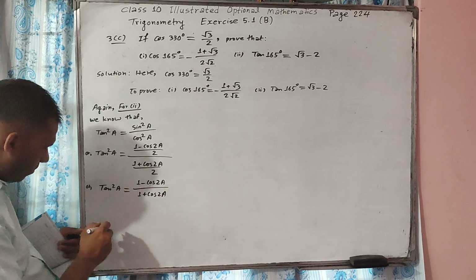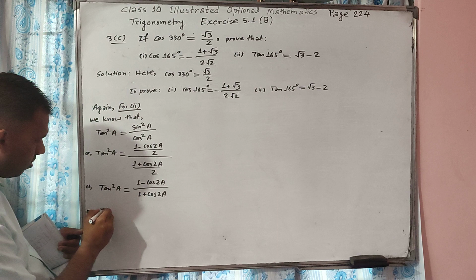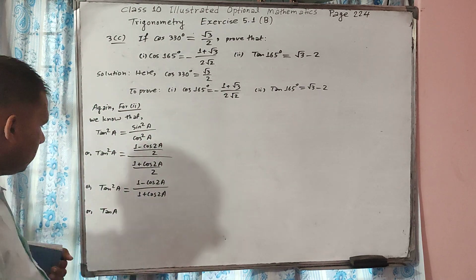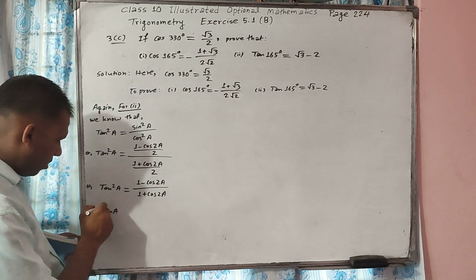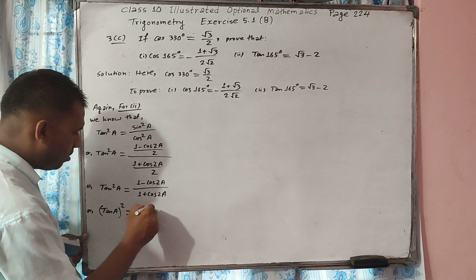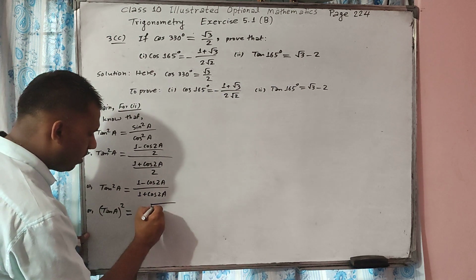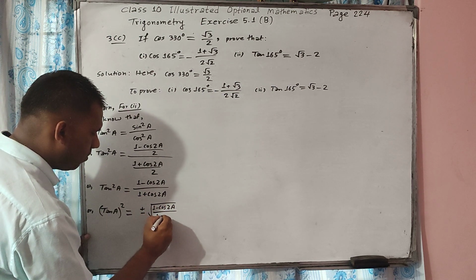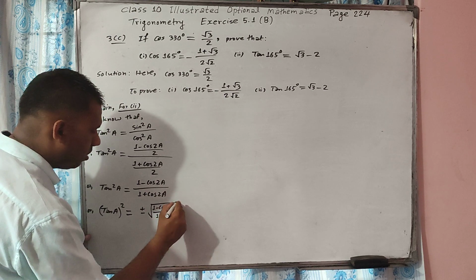Denominator 2 cancel out, or (tan A) whole square equal to plus minus square root of (1 minus cos 2A) whole upon (1 plus cos 2A), its whole square.